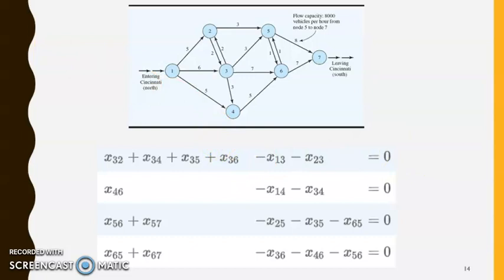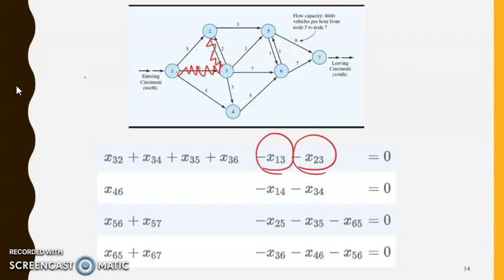Let me select that. Okay, so let's go for the incoming. For the inflow, we have x23 and x13, that are the inflow that you are seeing here.